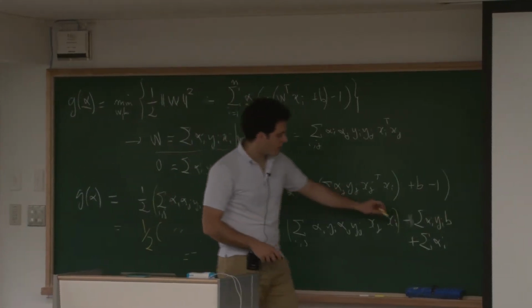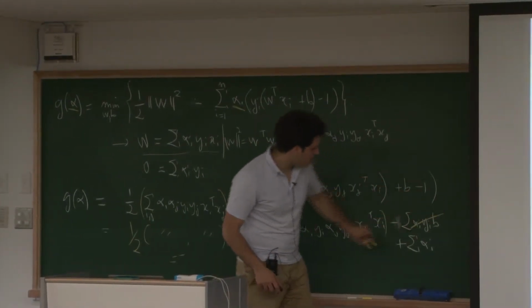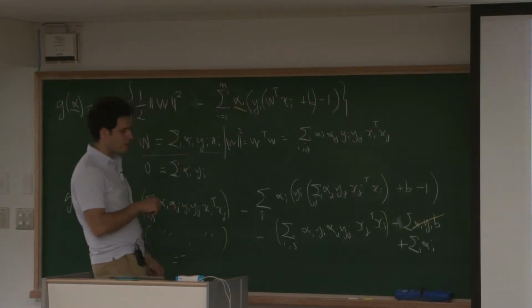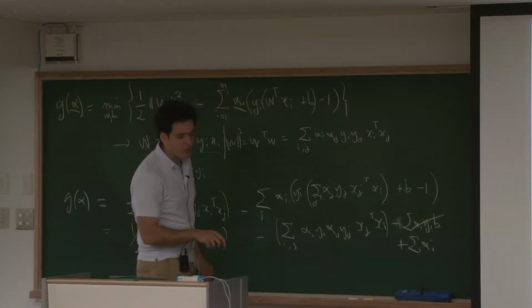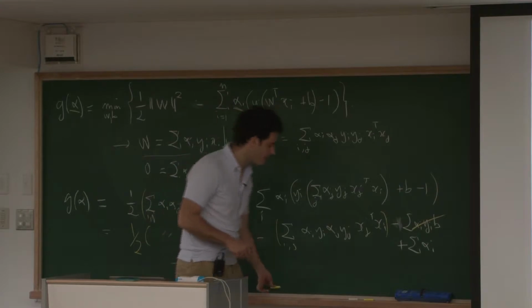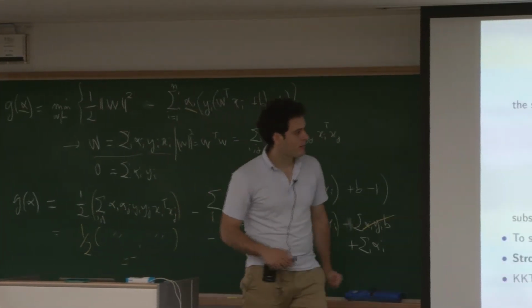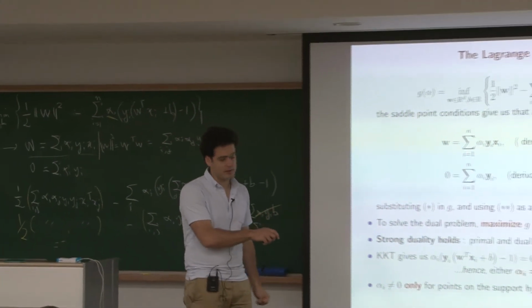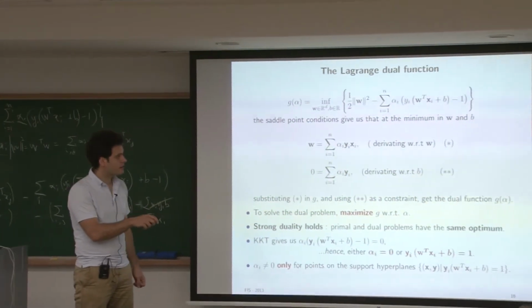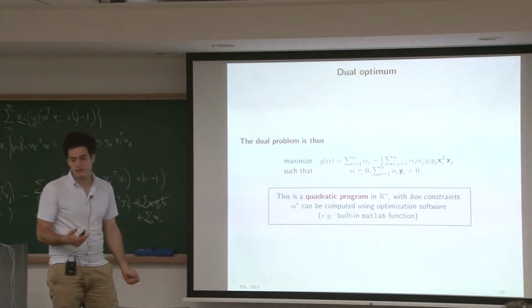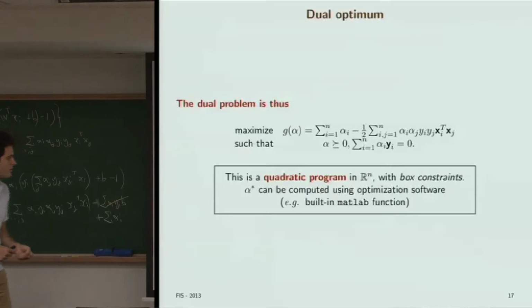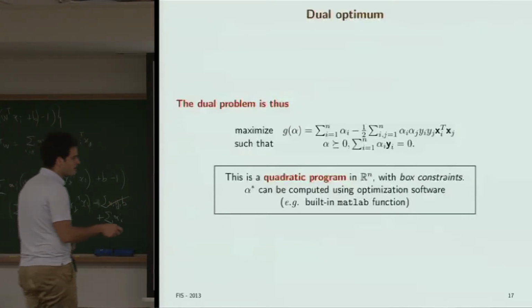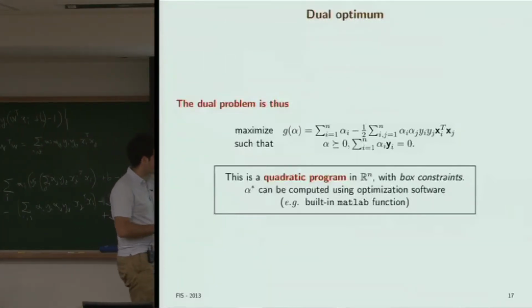This term here is the sum of alpha i yi b. It's 0 because the sum of alpha i yi is equal to 0. And then we only have the sum of alpha i here that remains. So by substituting these two relationships here, in this we get the minimum, and it's just a little bit of algebra. What we end up having is this function g of alpha.